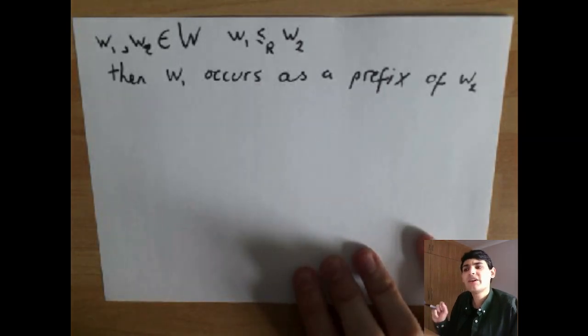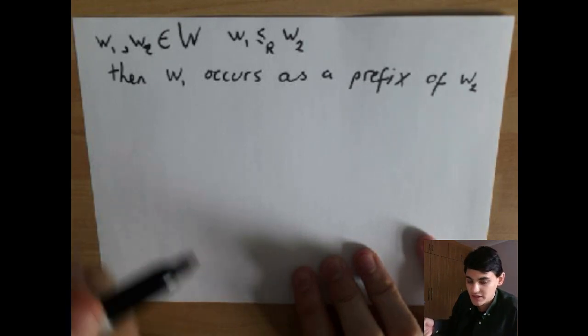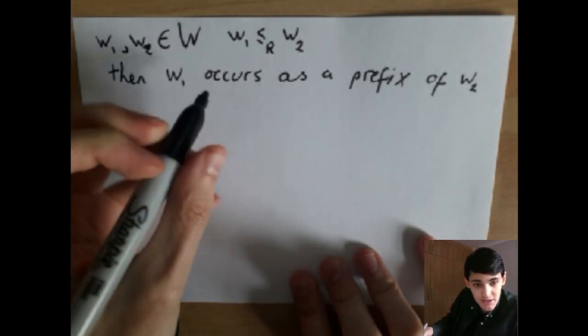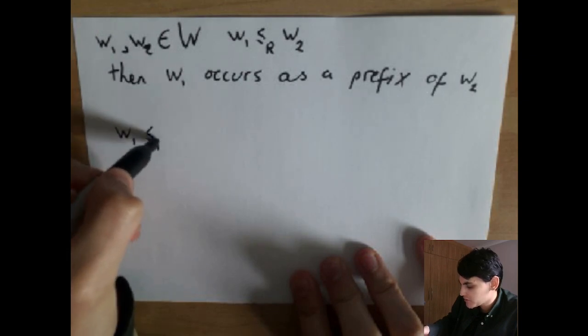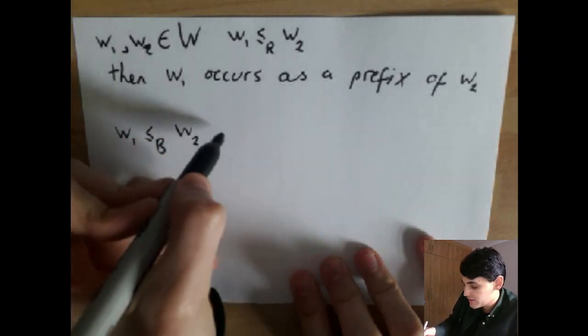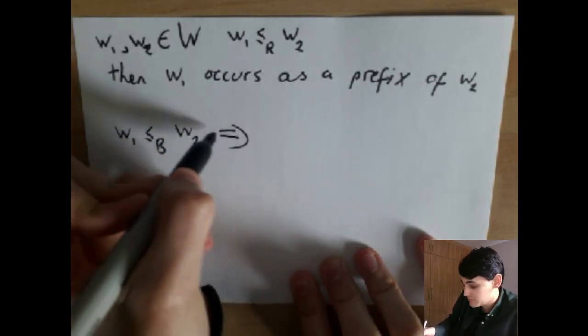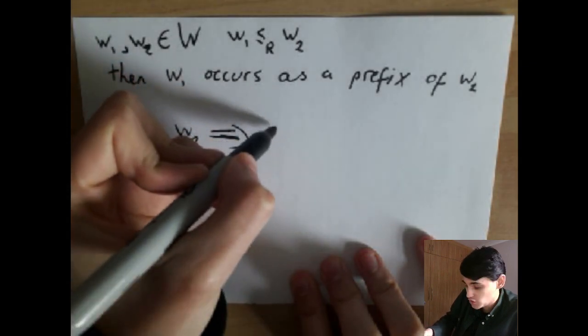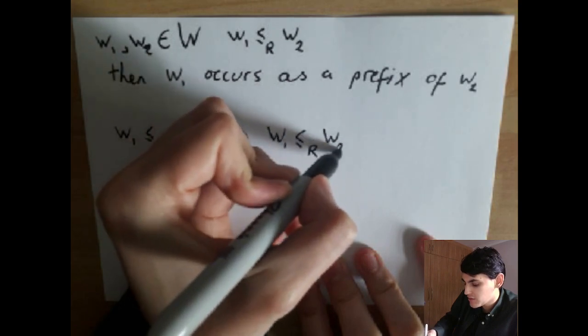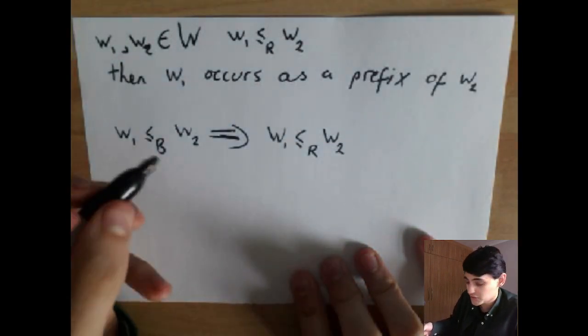So the weak order is named as such because it is literally a weaker partial ordering than the Bruhat order. That's exemplified by the proposition that if you've got W1 less than or equal to W2 in the Bruhat sense, then you must have W1 less than or equal to W2 in the weak order sense.